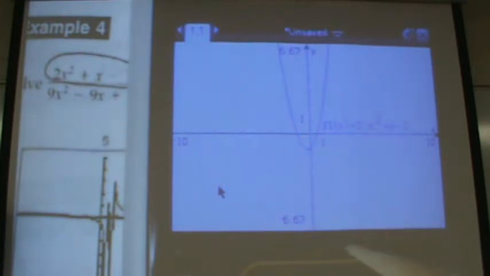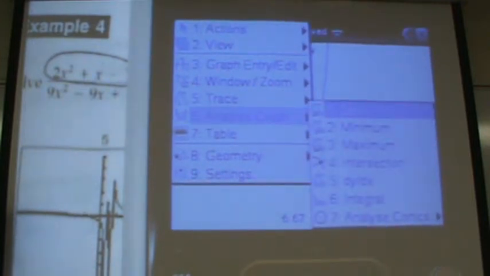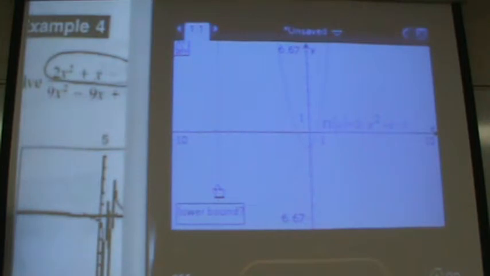So how are you gonna find the first one? Menu, analyze graph, and we're gonna find the zero. In lower bound, I'm gonna hit -2. And there it is, there's 1. And then to find the other one, you do the same thing. Menu, analyze graph, zero.